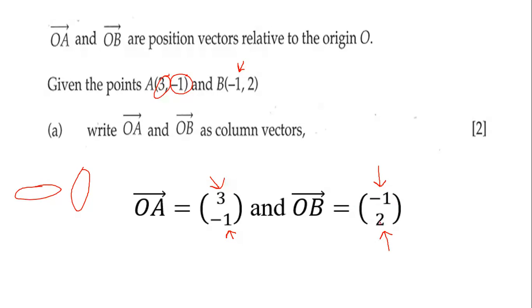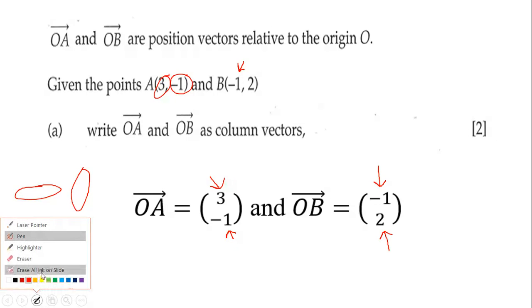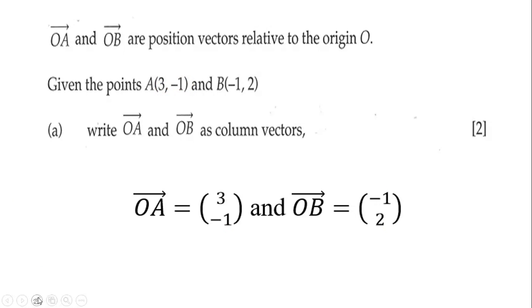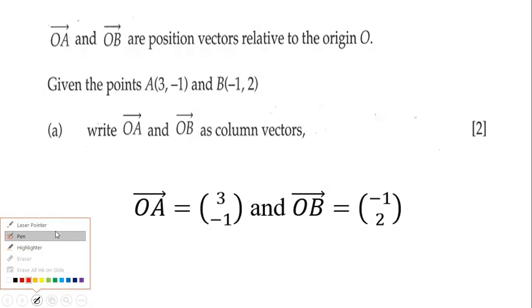And so this is OB as a column vector. So that's how we do it. That's OA and that's OB represented as column vectors.